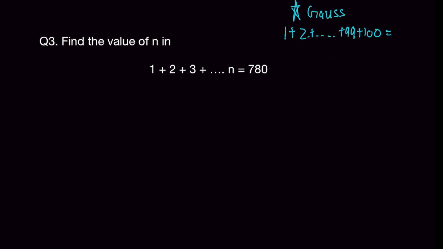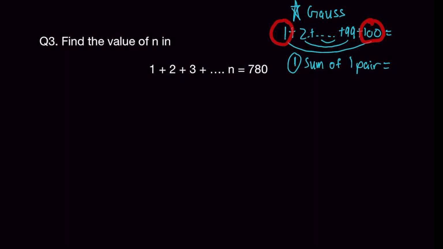The first thing to do is always find the sum of one pair. How do we find the sum of one pair? Remember, this is something like a rainbow. We match the first and last number together, and every other pair like this, like a rainbow. You will realize that the sum of one pair, for the first and last number, is 101. Maybe I put here 100 plus 1.